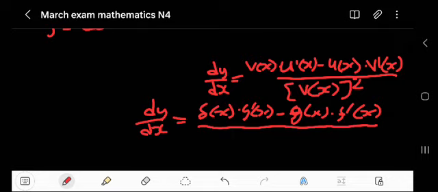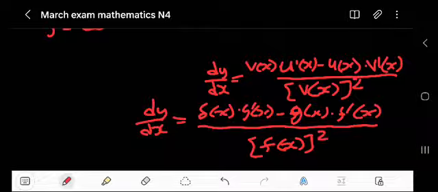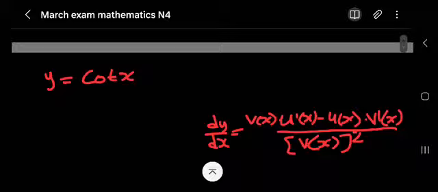By f squared. So this is one and the same thing. You must understand how to use this quotient rule, but let us use the one which is in your formula sheet.